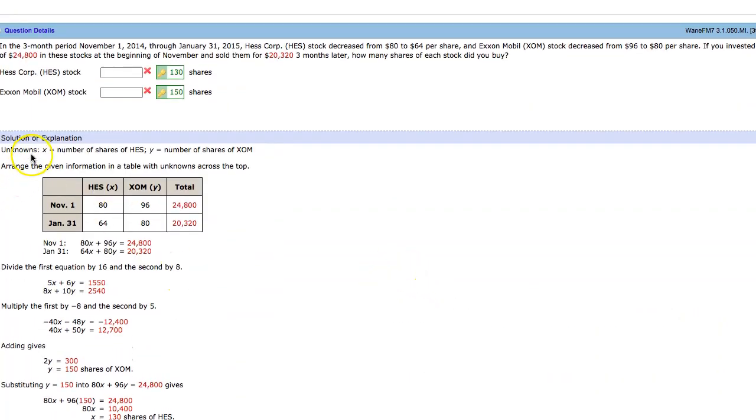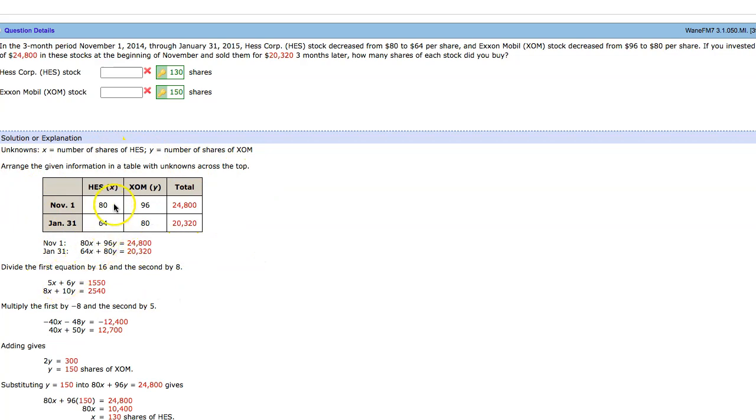Like on number 30 here, you let X be the number of shares of HES, the Hess Corporation. I had my buddy, he used to work for Hess. And then the number of shares of XOM, ExxonMobil. I don't think he ever worked for Exxon, but anyway, you'll just make a table like this one here.